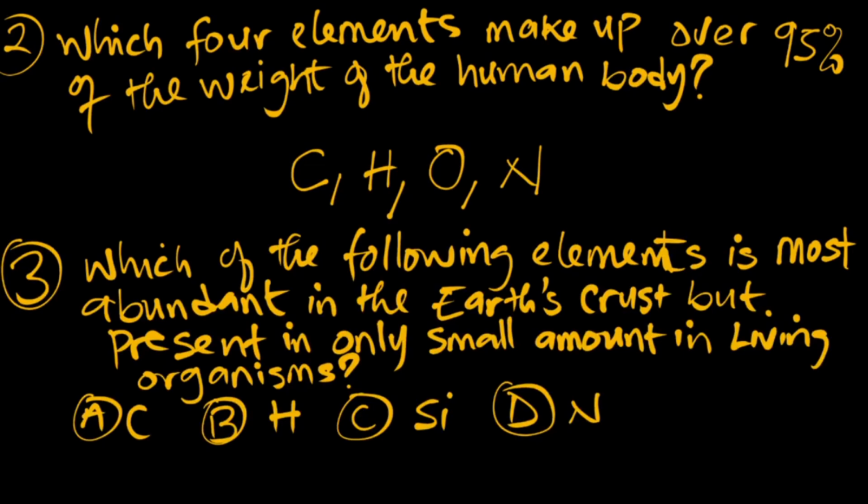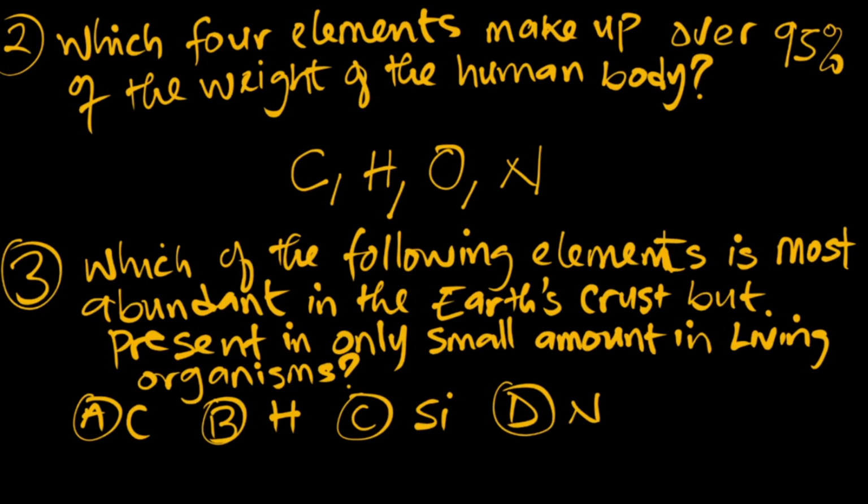Okay, the third question. Which of the following elements is most abundant in the earth crust but present in only small amount in living organisms? Again, remember our table. We have the options here, A, carbon, hydrogen, silicon, and nitrogen.